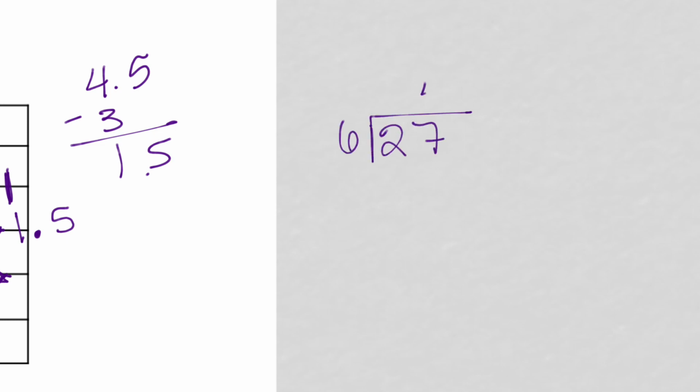If we subtract 24, what's 7 minus 4? Okay, so we'll add our decimal point in, drop down our 0. What is 30 divided by 4? Does that divide evenly? No.